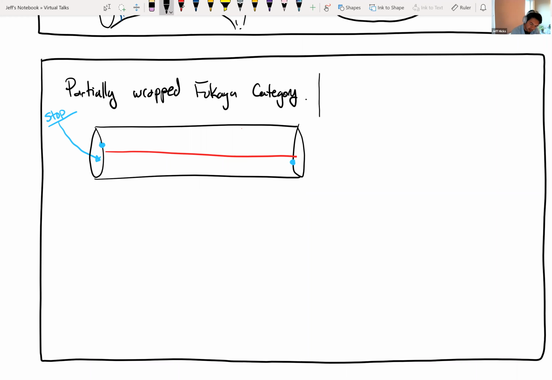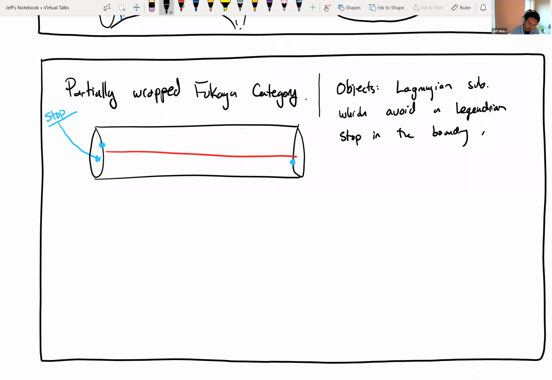Well, in a very fast outline, they're a category whose objects are Lagrangian submanifolds which avoid a Lagrangian stop in the boundary of my space.